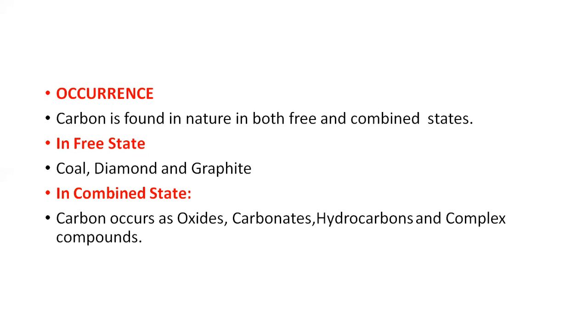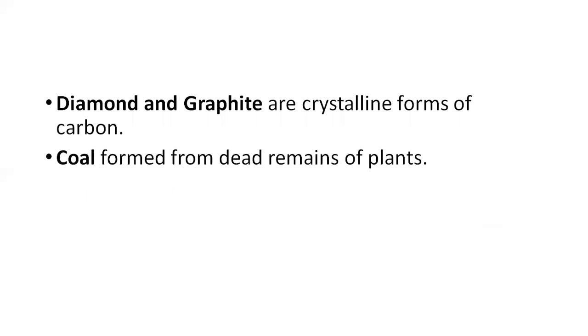The process of conversion of carbon compounds of the plants into carbon or coal is known as carbonization. Diamond and graphite are the crystalline forms of carbon found in nature.